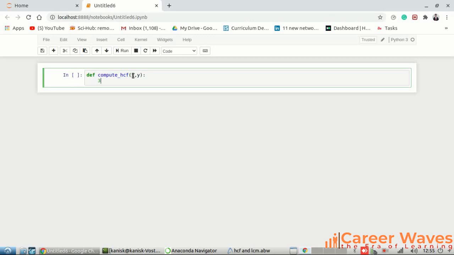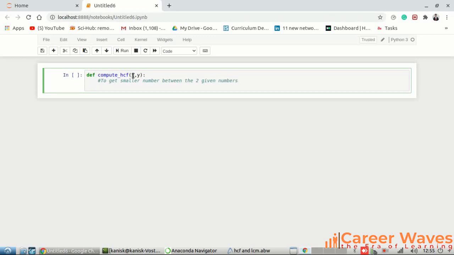So to that I will write a comment first to get the smaller number between the two given numbers. So let's do this.